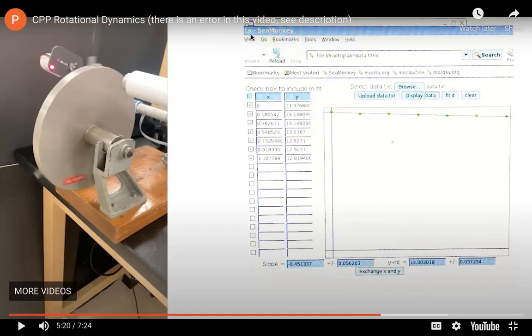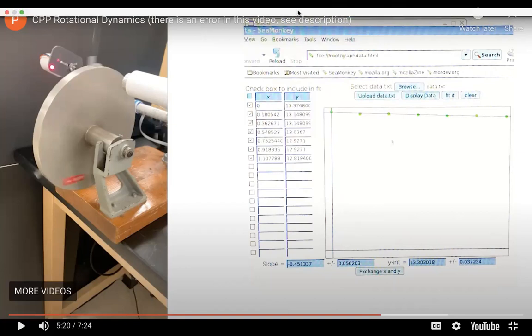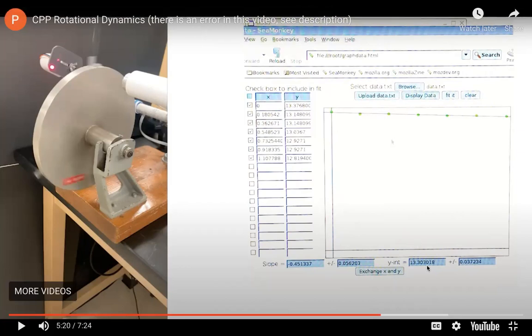But you still have an angular acceleration that is due to friction, and you'll write negative 0.45 for your alpha for the last row. So that gives you one extra data point for what the friction looks like when you have no added mass. So after that, you will plot all the data, and let's go back to our data sheet.